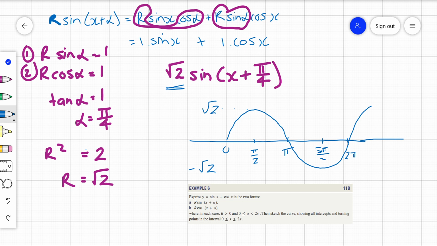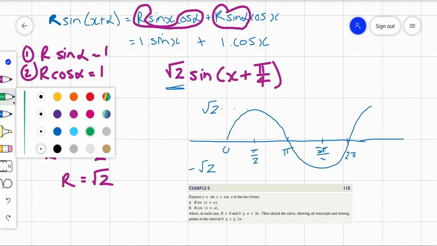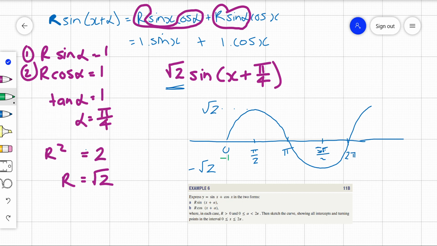So everything, and I'll do it in green, we're shifting to the left pi on 4. So this point here, where it was 0, is going to become minus pi on 4. Pi on 2, if I subtract pi on 4, is going to become pi on 4.